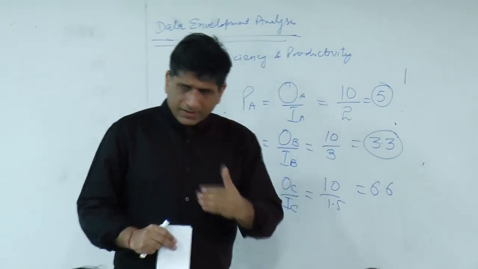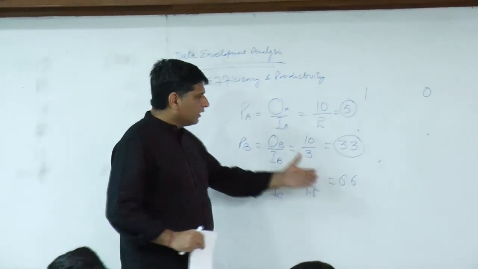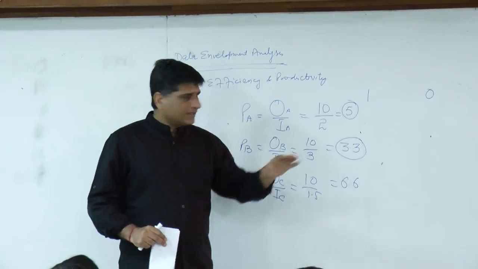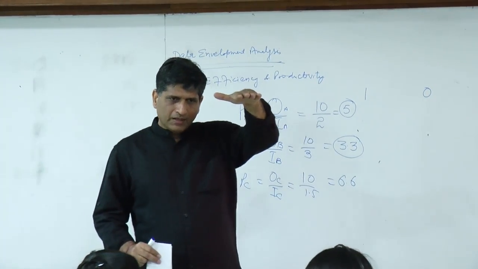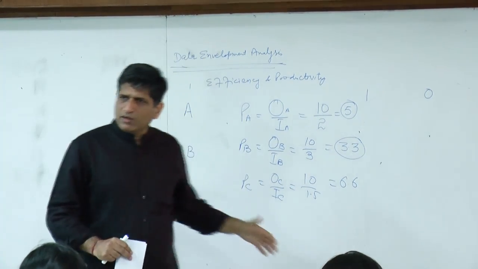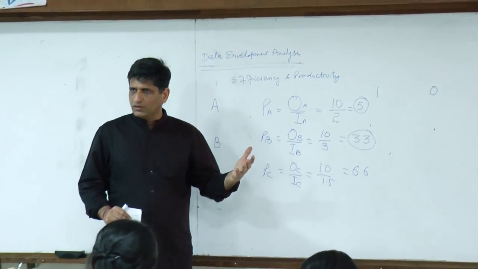But we increase the sample. As we increase the sample, there is a possibility that firm A may retain its position as more efficient, or it may lose that position. But here it happens that it lost the position.